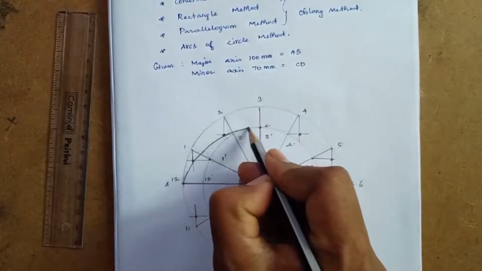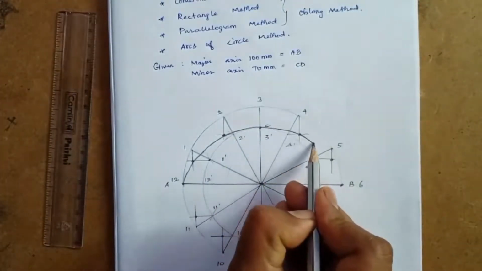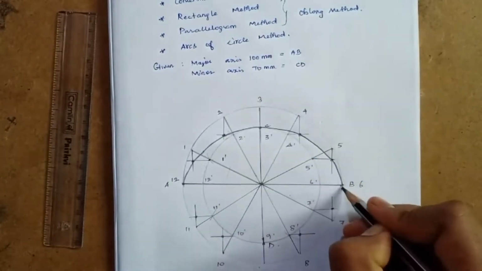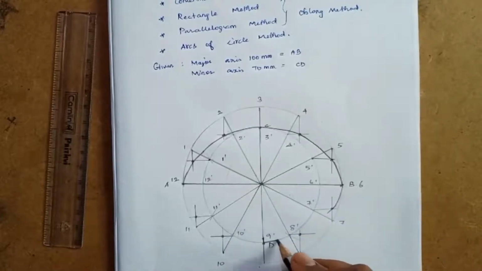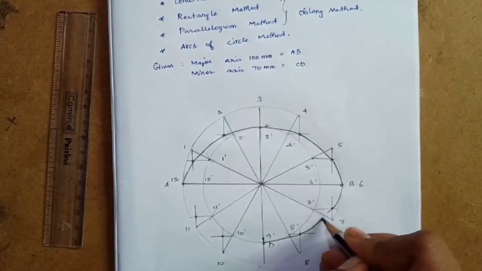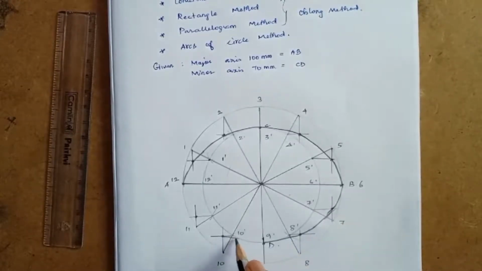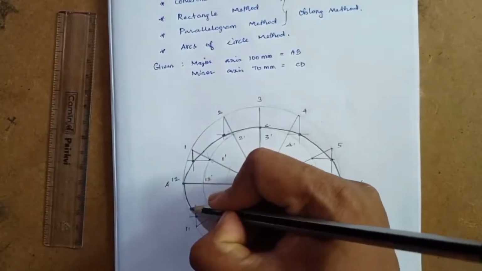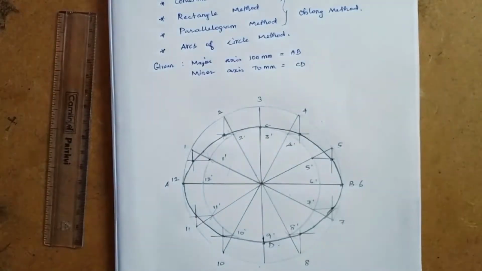Once you join all these points, you can see that you are getting the ellipse. That's all. Finally we got the ellipse.